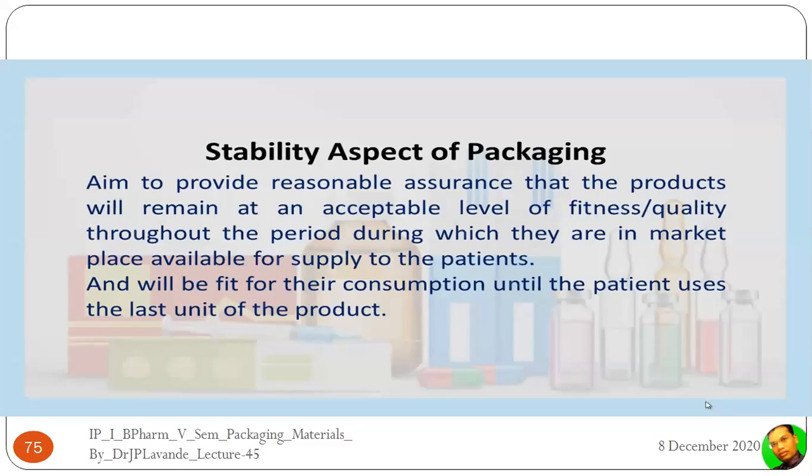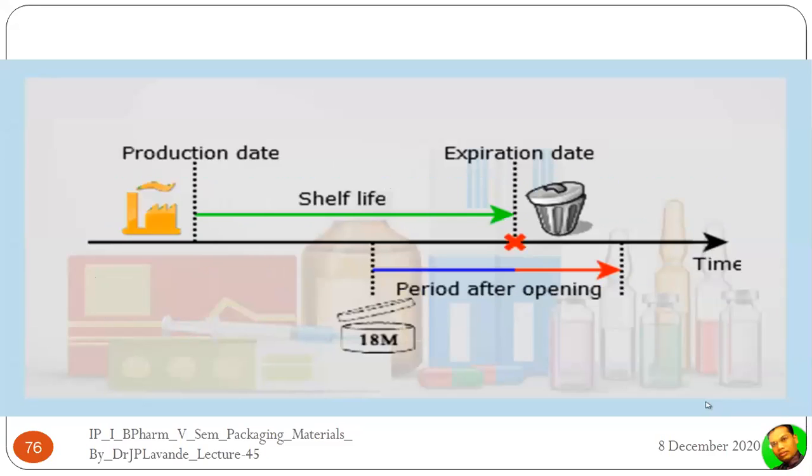The product or the packaging should be such that it offers all the protection to the product, protecting the qualities and the properties of the product throughout its shelf life. But during its shelf life, it is going to be sold and opened, and after that the product should still meet all these requirements.